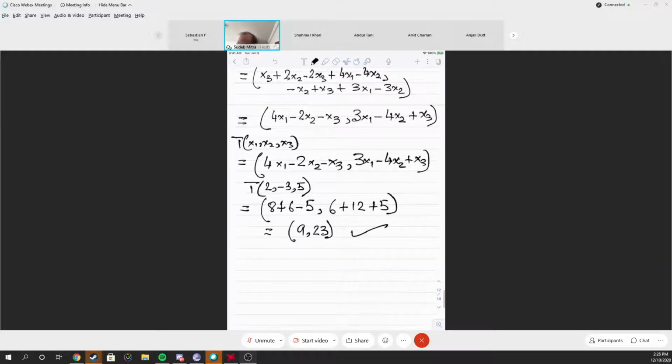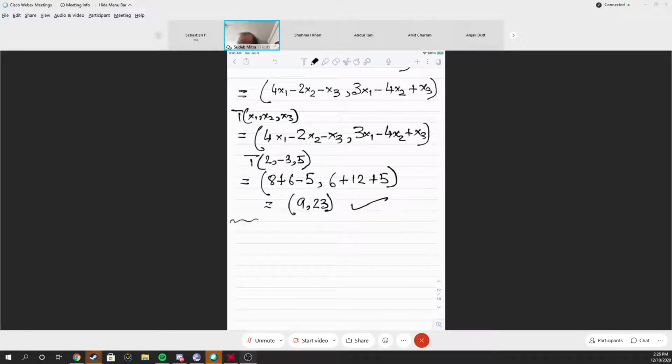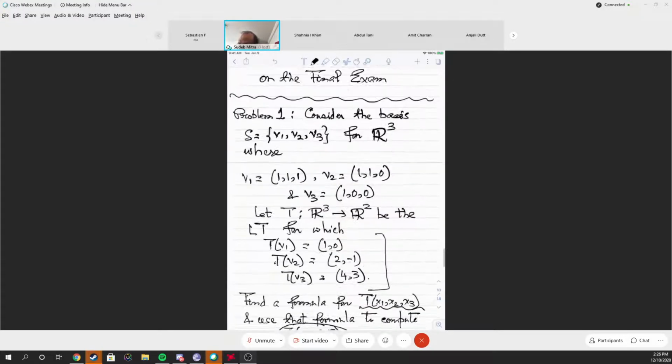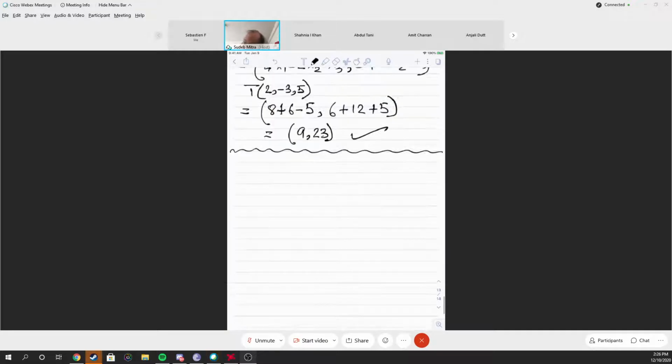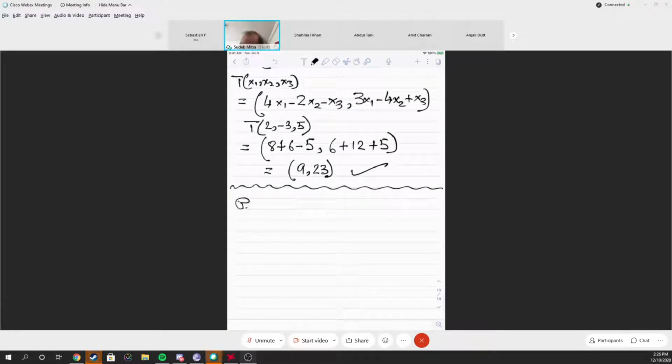Let's take a problem from R2 to R2. This was problem 1. Problem 2. So exactly the question will come like this.